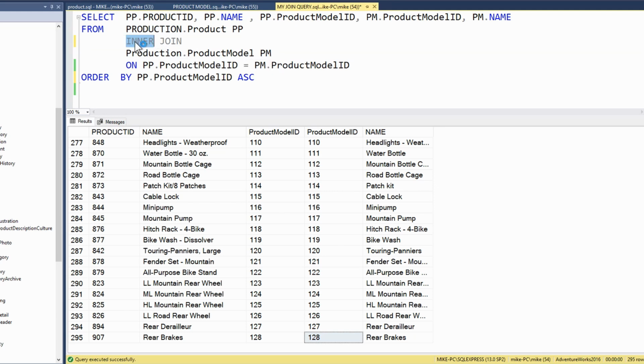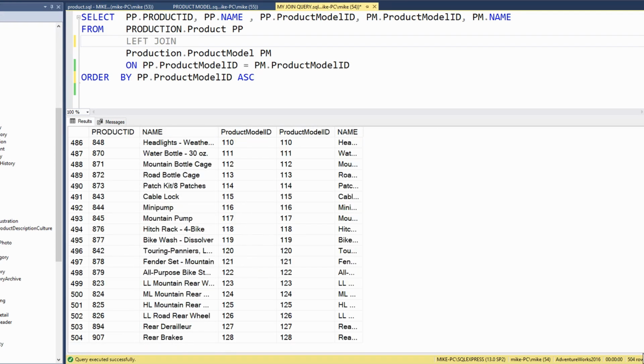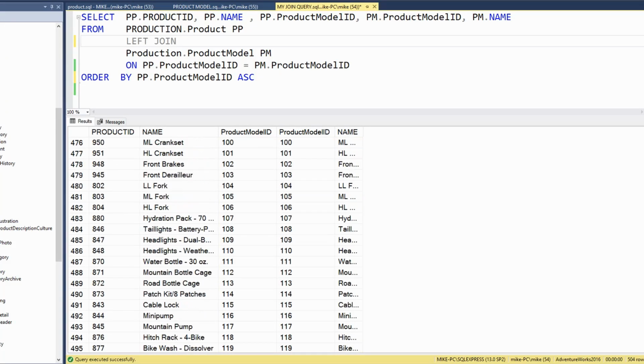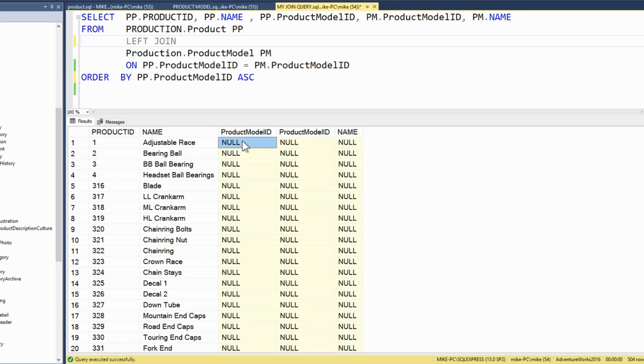So I'm going to change the inner to a left and execute it and see what happens. Right, what have we got? We have got 504 rows as opposed to the 295 that were returned before. So basically, we're returning the entire 504 rows out of the product table. There's the product ID, the name, all 504 of them, including the ones that had a null product model ID in the product table.